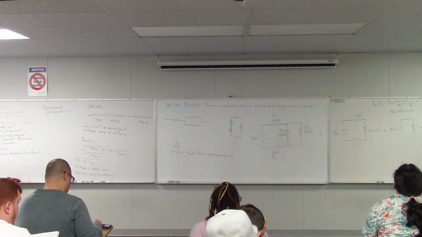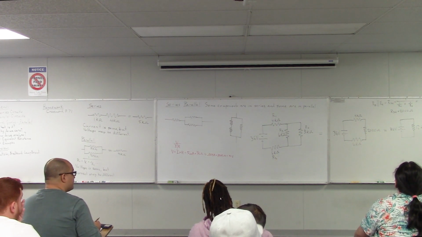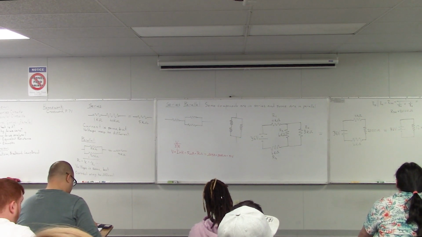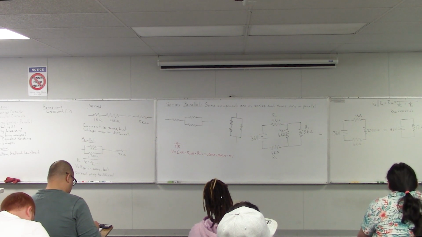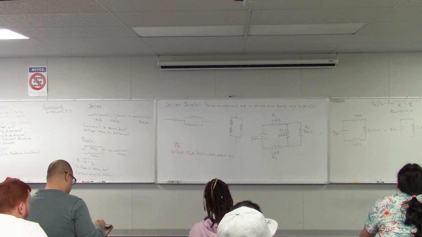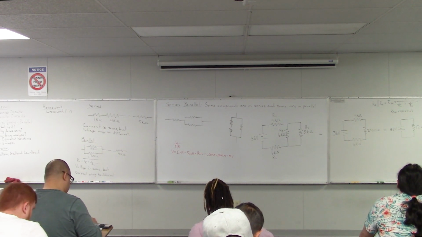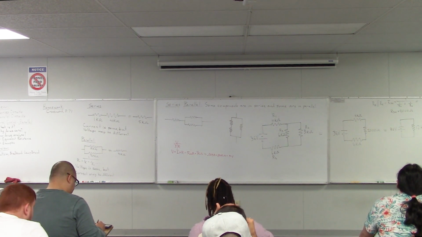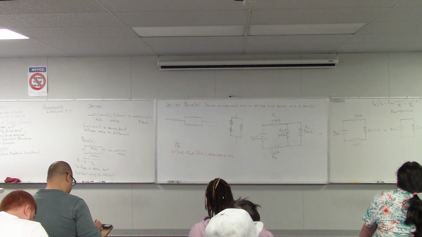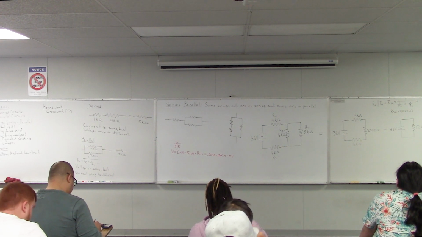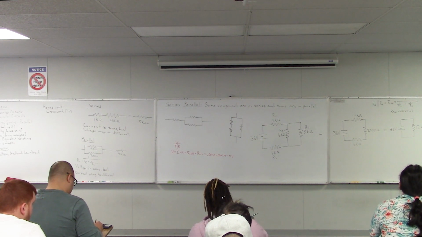So we use Ohm's law: I equals V over R. That is 36 volts over 12,000 ohms. Anybody have a calculator? What is that? 3 milliamps, perfect. So 0.003 amps, which is 3 milliamps. That's our total current.